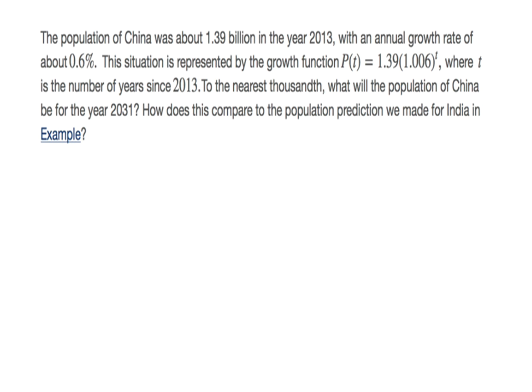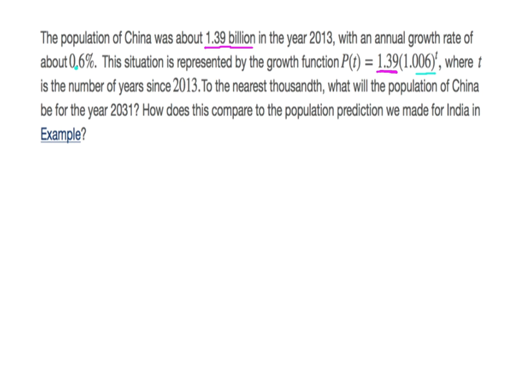Okay, so the population of China was about 1.39 billion in the year 2013. It's an annual growth rate of 6%. So here we see our initial value showing up in our function, and here we see our 6%. Oh, 0.6%.